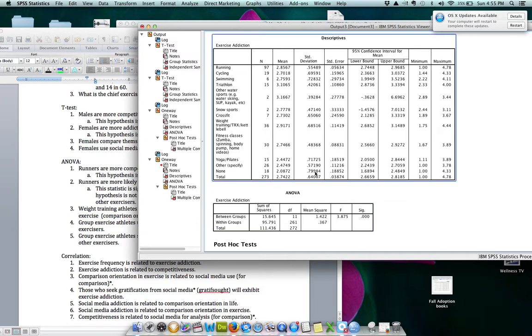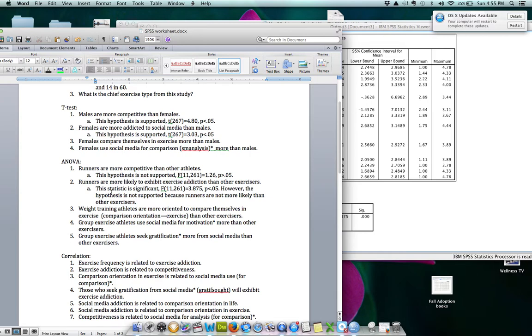I mean, ultimately, if I wanted to compare runners with people who don't exercise at all, I'd probably find significant differences. But that's no fun, because if they don't exercise at all, then obviously they're not going to suffer from exercise addiction.